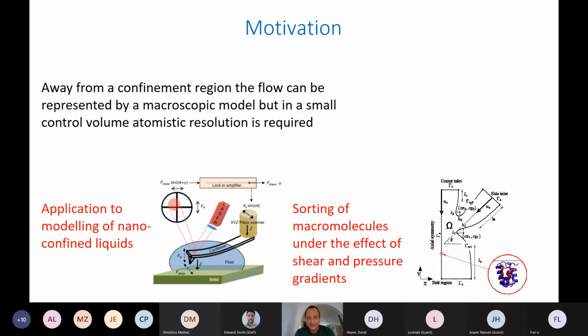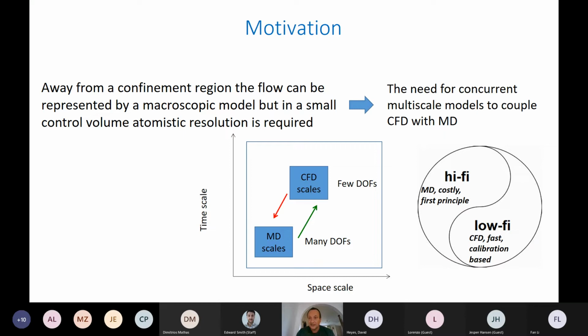Well, in this case, clearly the continuum approaches such as Navier-Stokes are not sufficient, and this emphasizes the need for concurrent multi-scale models, where you ideally should couple continuum approaches such as computational fluid dynamics with molecular dynamics.